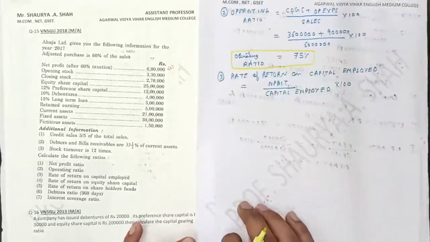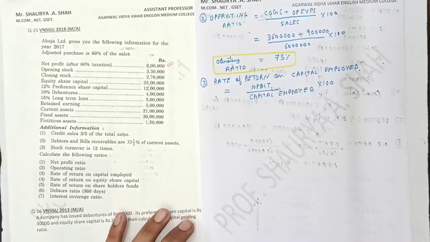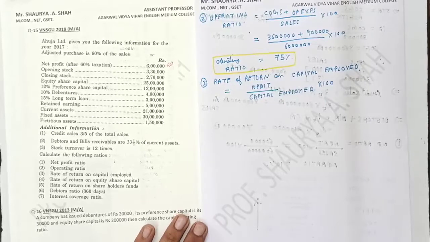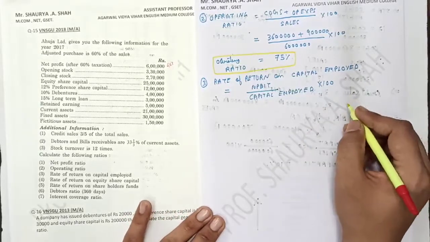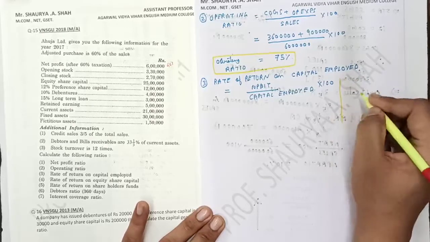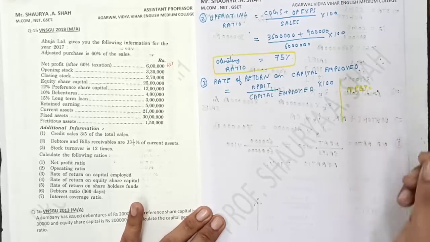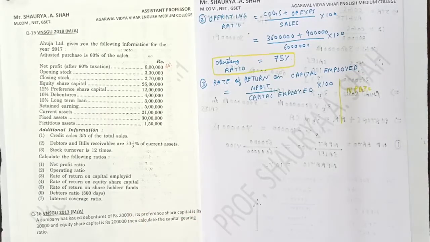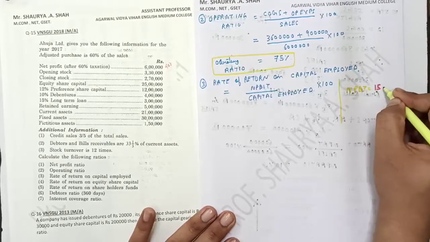I'll calculate for you here so that you understand. I'll write down here: net profit before tax is equals to 15 lakh rupees.